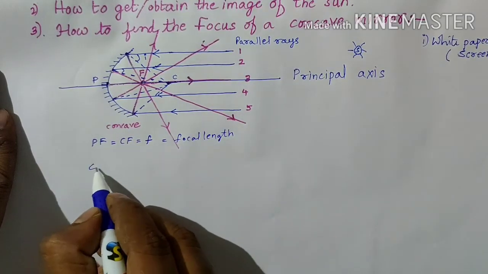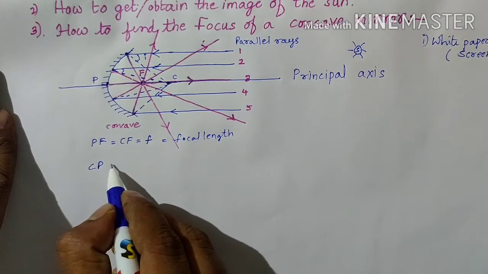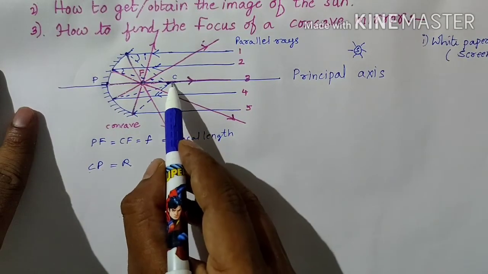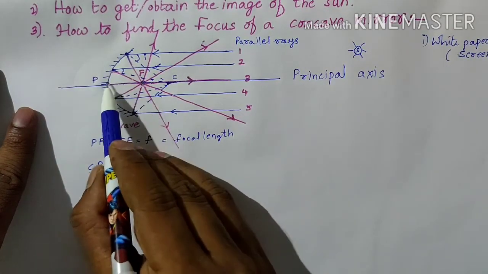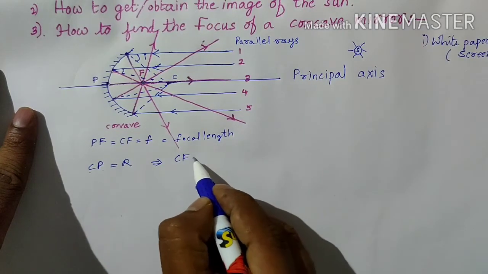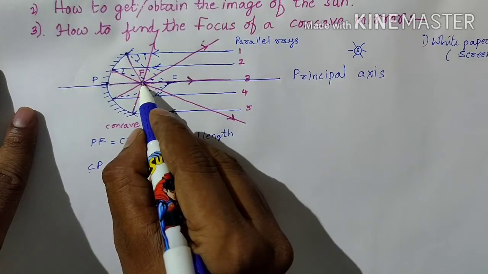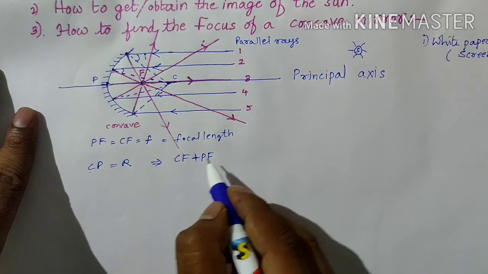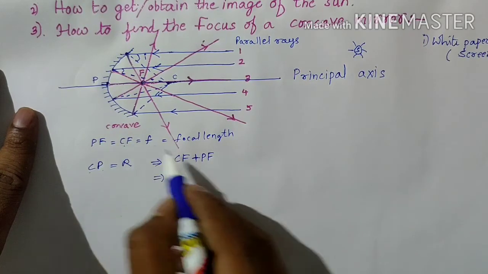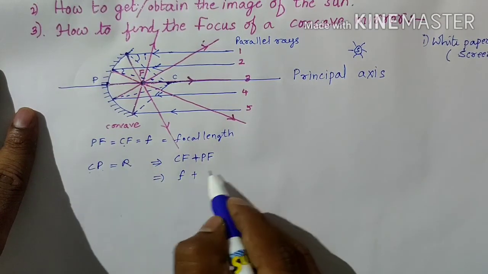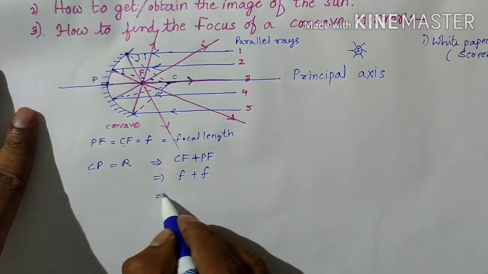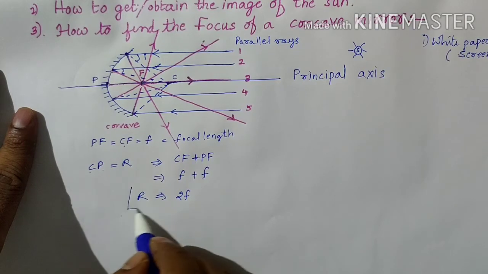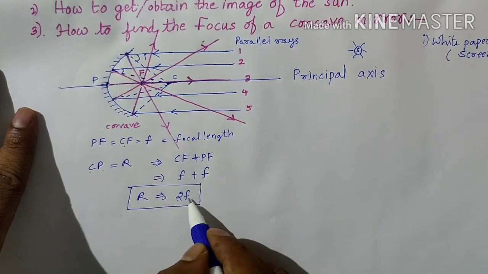We know that CP equals R. That implies CP equals CF plus FP, or PF. CF is equal to small f and PF is also equal to small f, so f plus f becomes 2f. Therefore, the radius of curvature equals 2 times the focal length.